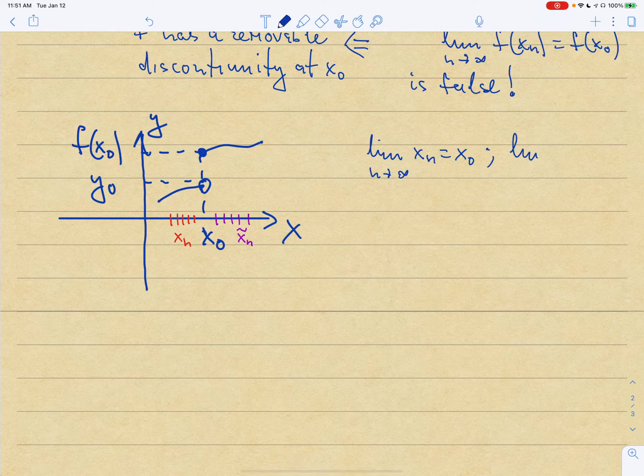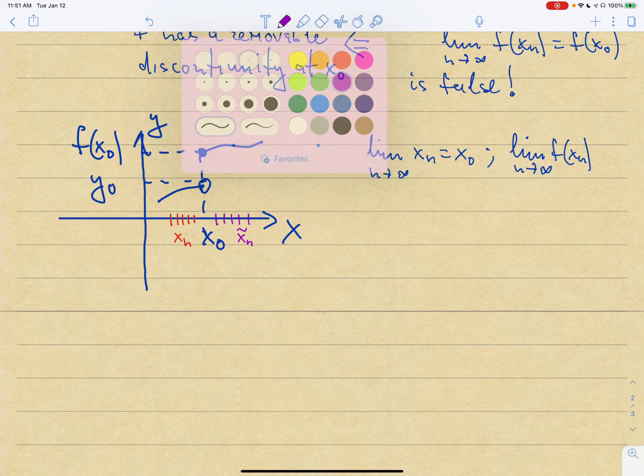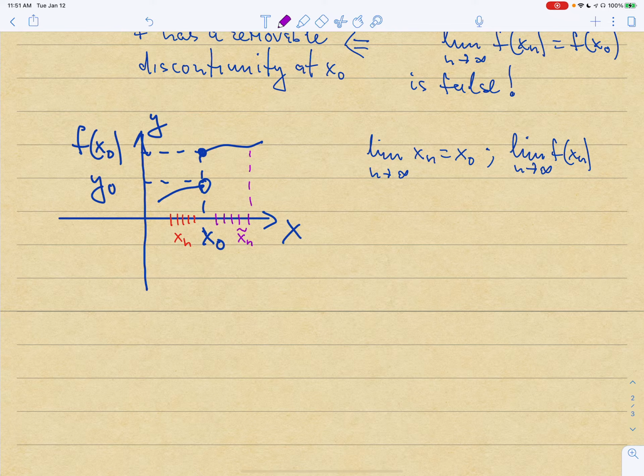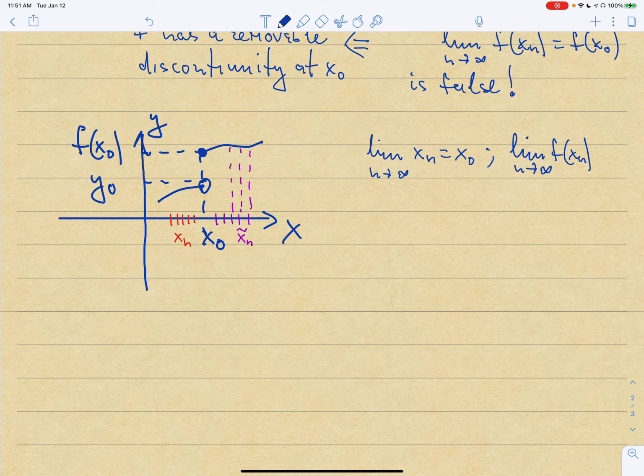And if I take the limit as n goes to infinity of f of xn, well, in this case, let's look at xn tilde first, which converges to x0 from above.